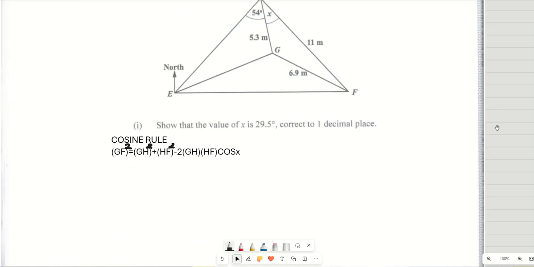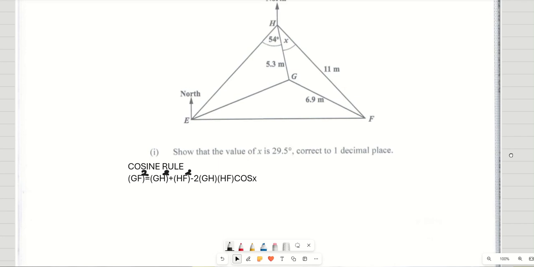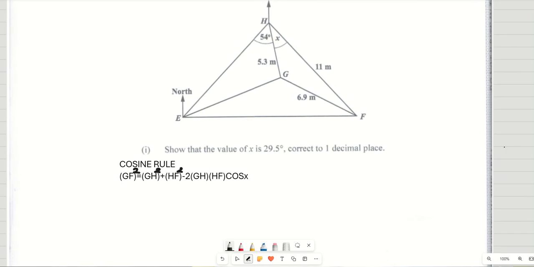Now that we know that, we're going to put the values in. 6.9 squared is equal to GH, which is 5.3 squared, plus HF, that is 11 squared, minus 2 by 5.3 by 11 cos x.